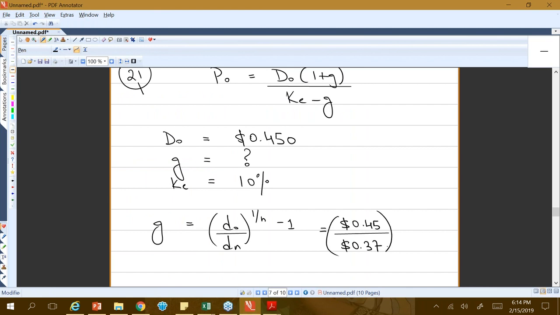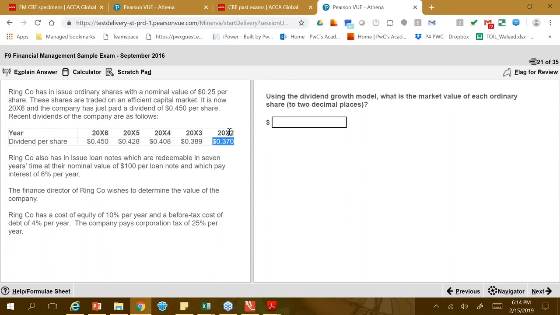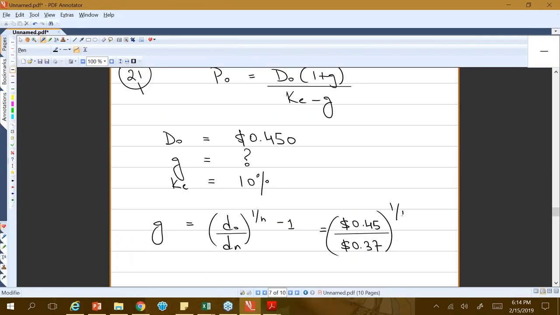How many years is the data here? From x2 to x3 is 1. From x3 to x4 is 2. From x4 to x5 is 3. And from x5 to x6 is 4. So we've got 4 years' worth of data here. So 1 over 4, minus 1.